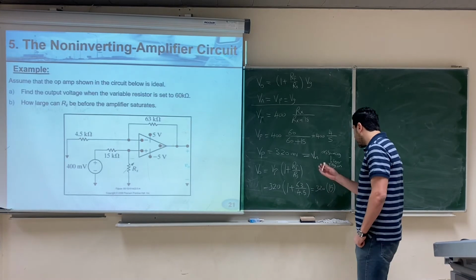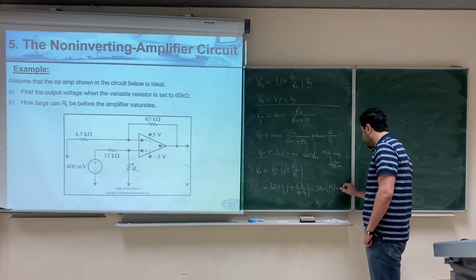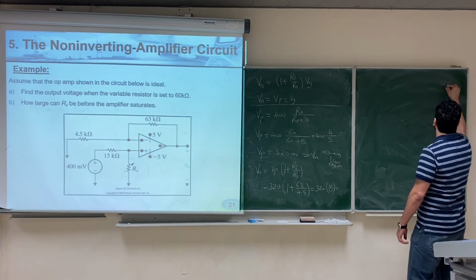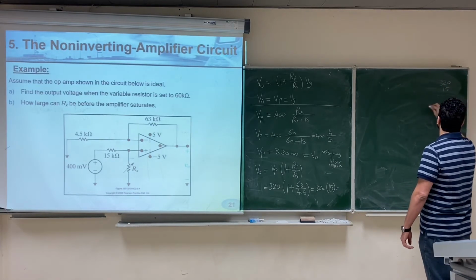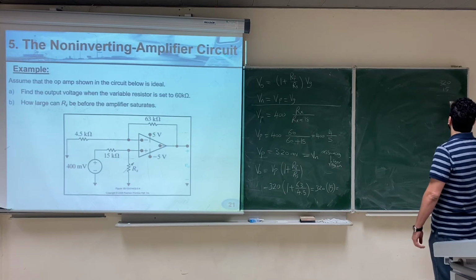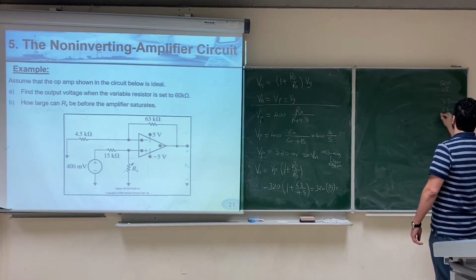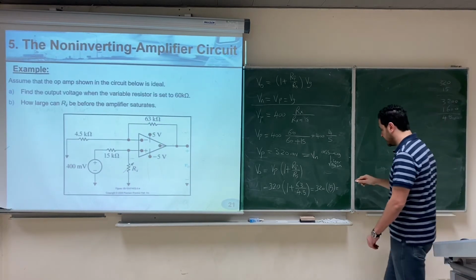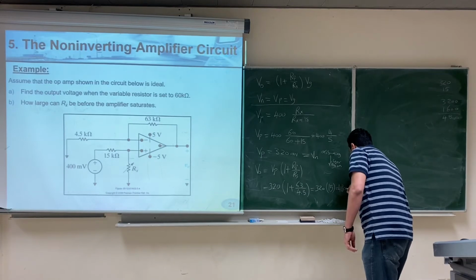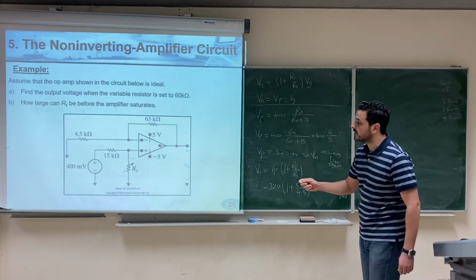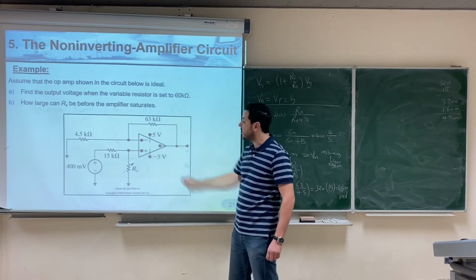Which will be 320 multiplied by 15. You can calculate the voltage here. We can do it quickly. So this will give 4,800 millivolt. 4,800 millivolt is within the range between -5 and 5.